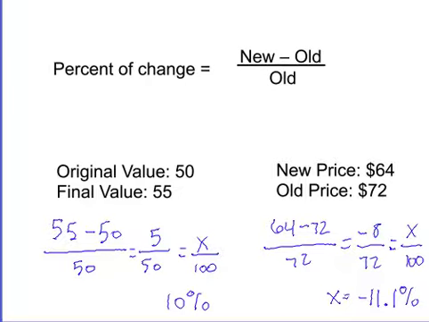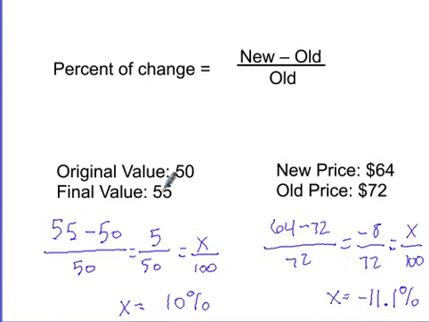Now the one thing also that we need to draw attention to here is this. This one was positive. That means it was a percent increase. This one was negative, so it is a percent decrease. The homework is going to ask you to identify if it's an increase or a decrease, and that really is very obvious based on the whole problem to begin with.